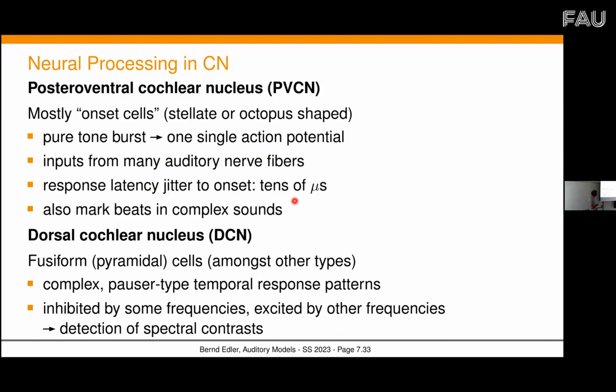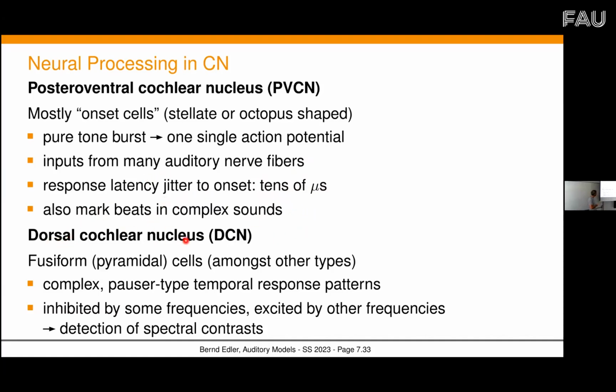They have some response latency jitter to the onset, in the tens of microseconds. So there is some variation in how quickly they react, but still in a fairly short time, processing just the envelopes of the sound, not the sound itself. But they can also mark beats in complex sounds.